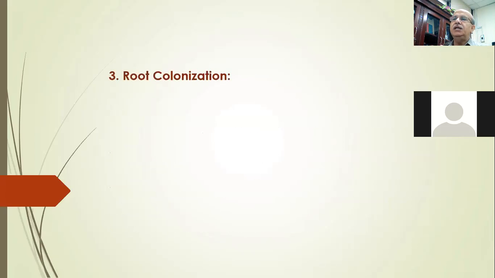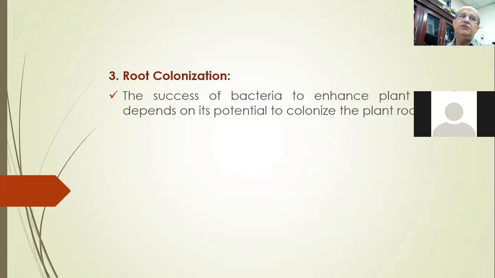Then the third mechanism is root colonization. When we say colonization, it means to reside on the roots. If the PGPR have to do something to the plant, they have to colonize the roots. Only those bacteria can be effective which can colonize the roots.